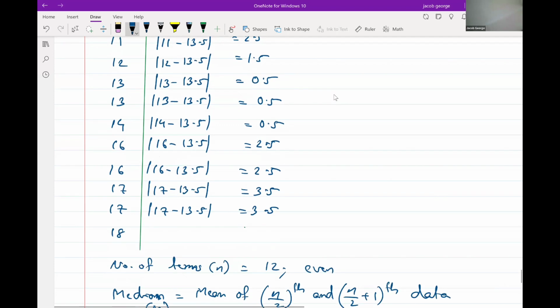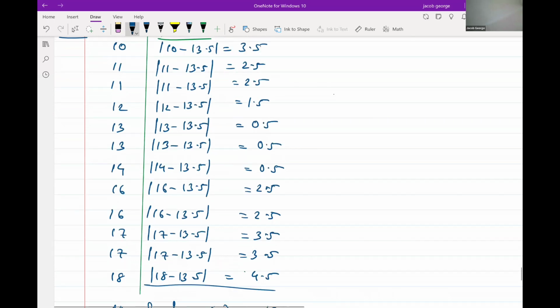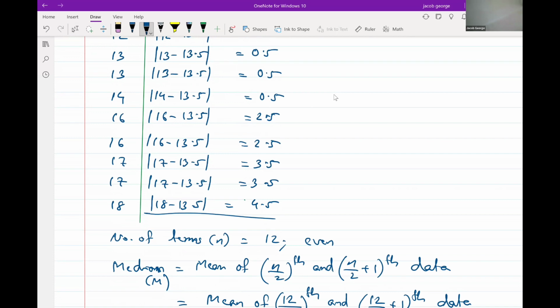Modulus 18 minus 13.5 is equal to 4.5. Then you have to add them and we get sigma modulus xi minus m. What is that value?